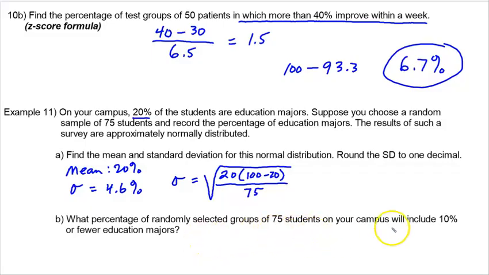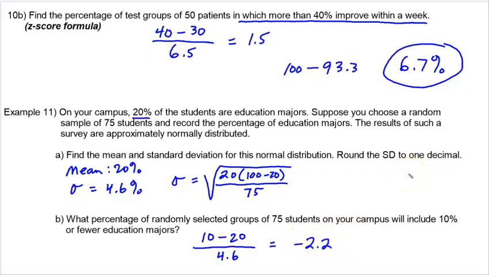Okay, so our data is the 10% minus the mean, which we calculated above, which is 20%. Just put them in as whole numbers, divided by the standard deviation, which we calculated earlier as 4.6. So that's a z-score of negative 2.2.